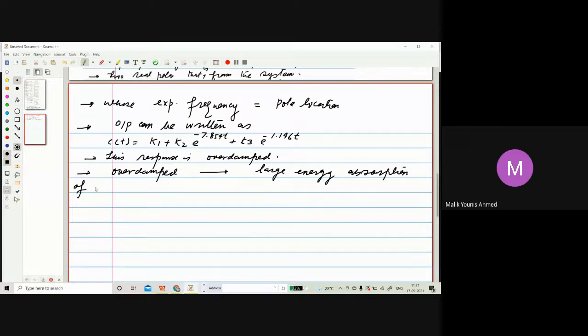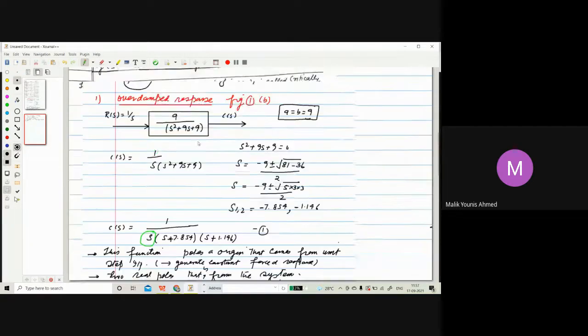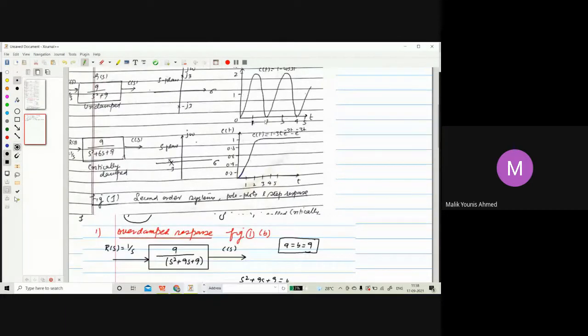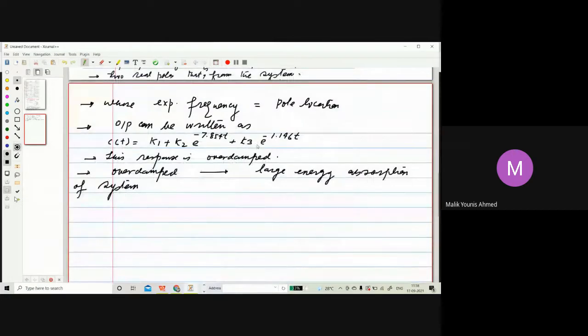That will restrict the transient response from overshooting. Overshoot means the transient response can go like this, over a steady state value, and then settle down at this value. This is the response and this is the time. This type of response will not allow the transient response to overshoot, that means it will not allow it to go over the steady state value.